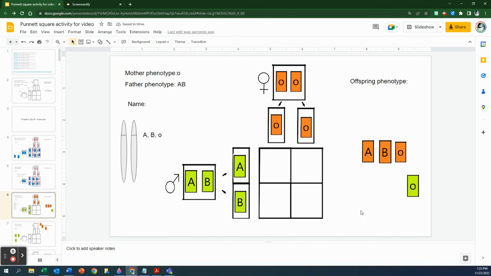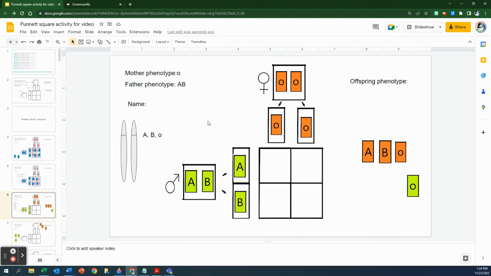All right. Now I can tell you what this is. This is blood type. With blood type, we have three different alleles that we contend with, A, B, and O. The expression of these alleles, what blood type basically is, is little flags on the outside of red blood cells.